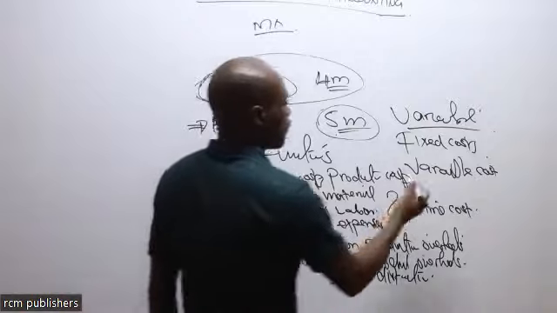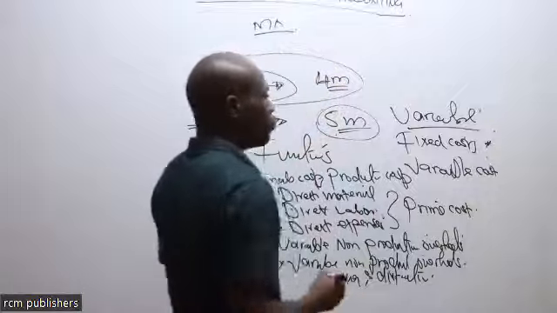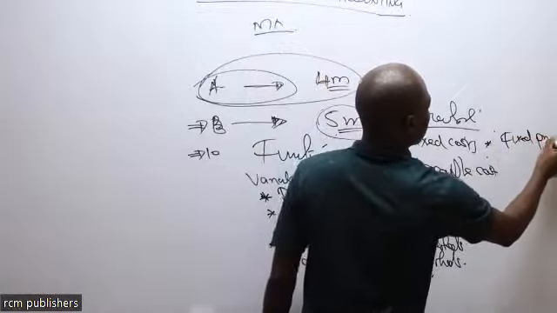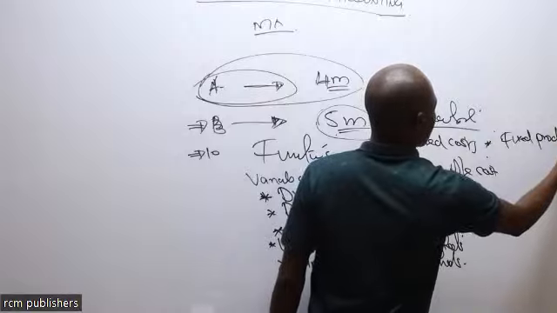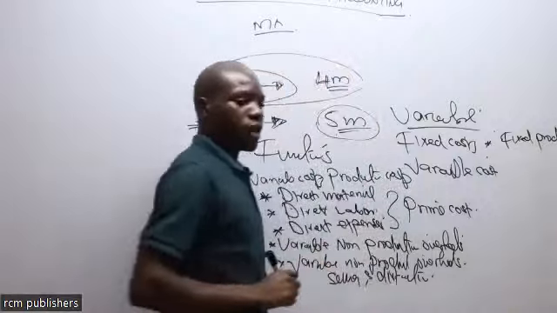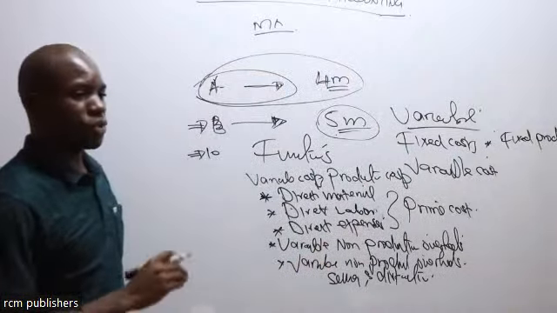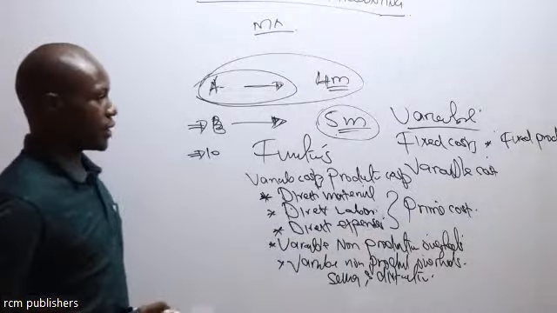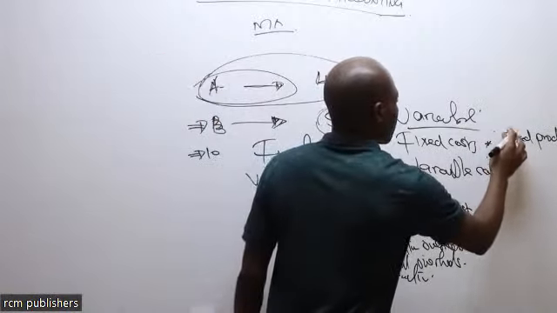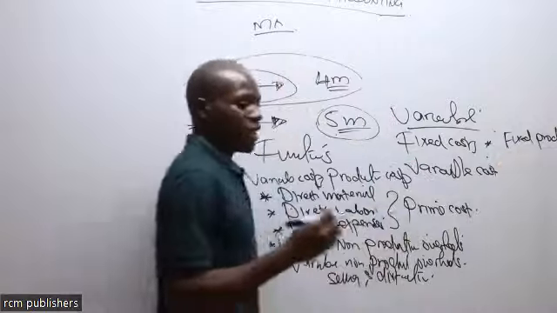When I now come to the fixed component, we also have fixed production overheads, which we are also going to look at. The fixed production overheads remain constant within the relevant range.